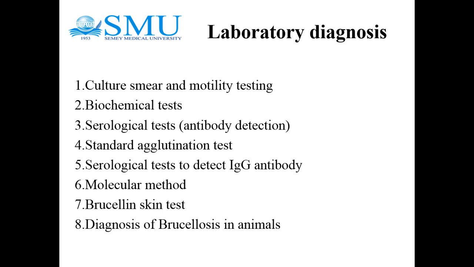Biochemical tests. Brucella shows the following biochemical properties: they don't ferment carbohydrates, and are catalase positive, oxidase positive, except some strains of Brucella abortus, Brucella ovis, and Brucella neotomae. The urease test is variable but often rapidly positive, especially with strains of Brucella suis and Brucella canis.